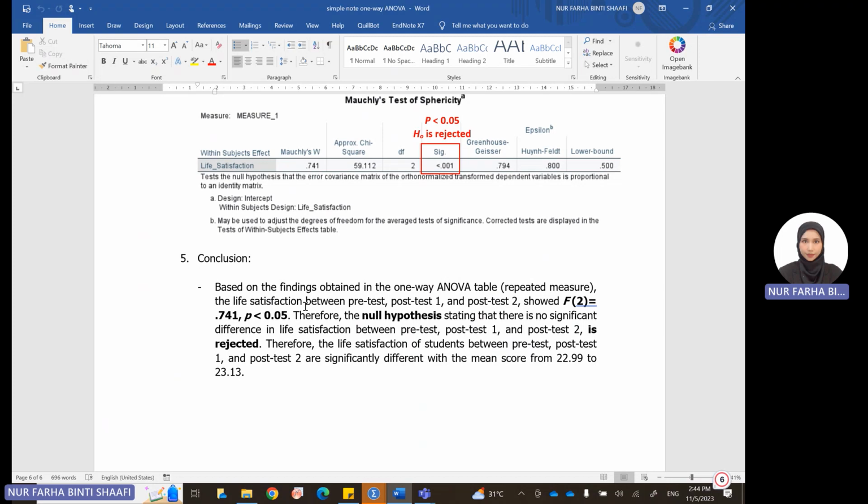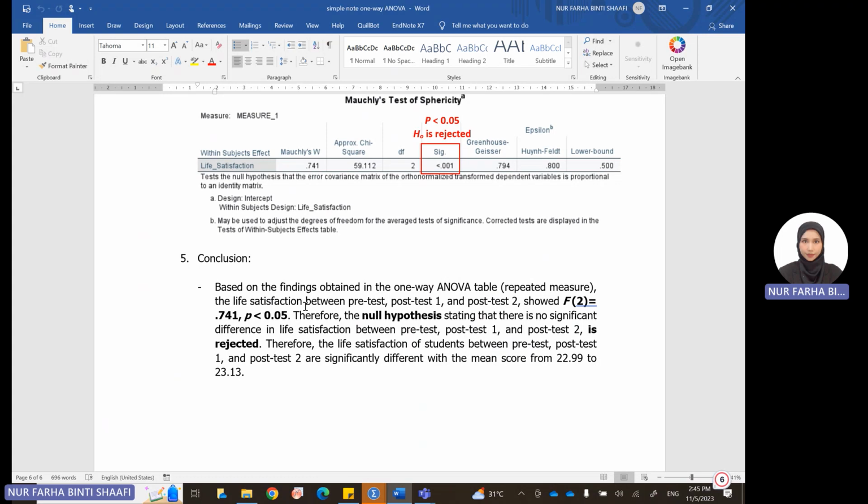Here, Mauchly's W is 0.741. And the P, which is the significant value, is less than 0.05. The evidence is here: less than 0.05.